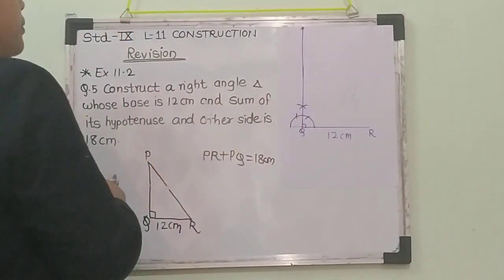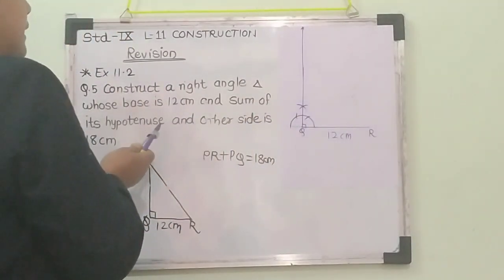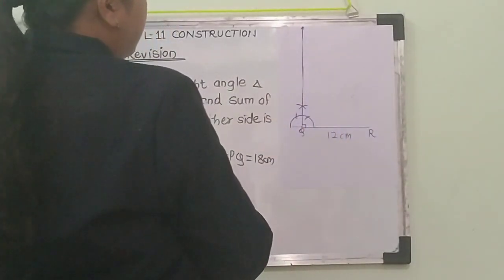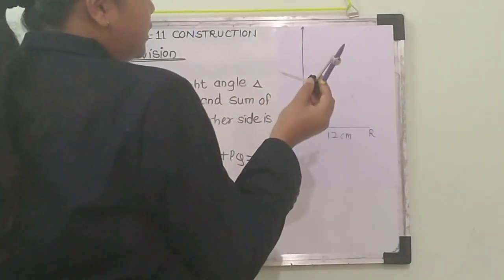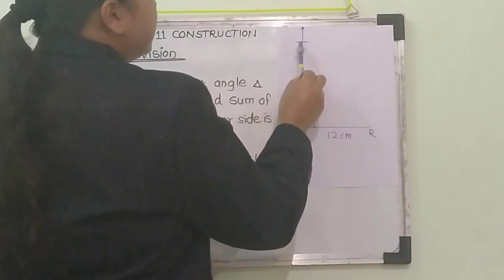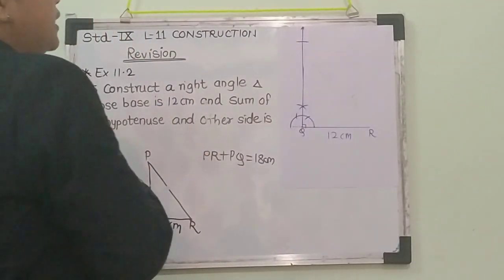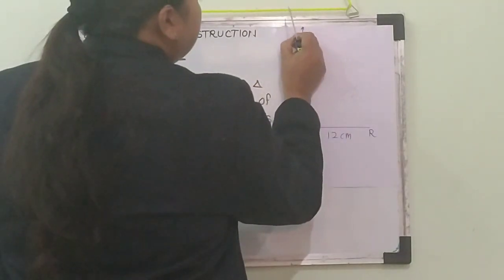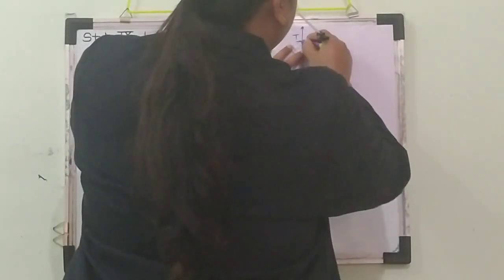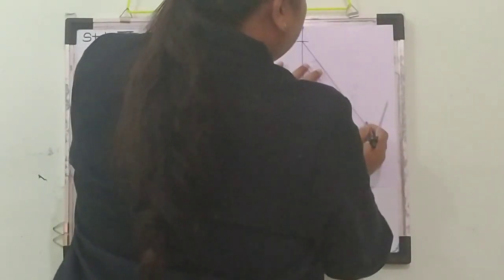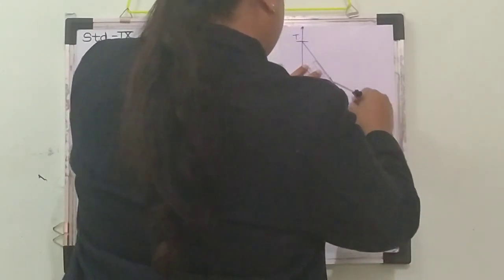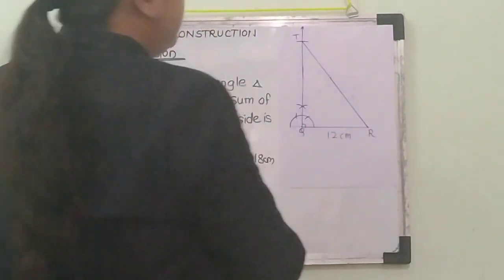Now we have to take the measure in our compass, that is 18 centimeter. So we took the 18 centimeter distance in the compass and mark the arc. Suppose this point is T. Then we have to join T and R. We have to join TR.